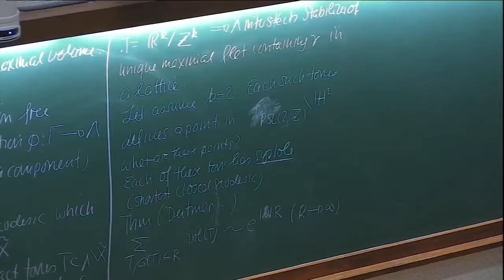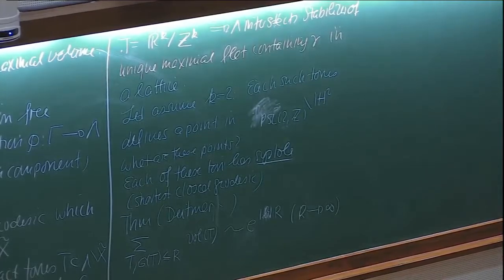That means you would count conjugacy classes of elements in the fundamental group sorted by the length. Now, any count on conjugacy classes of elements in such a lattice lambda, if the rank of the ambient Lie group is at least 2, is absolutely unknown. It was only recently established that the growth is exponential, but we know nothing about the growth rate.